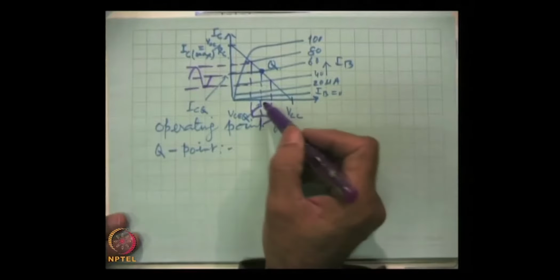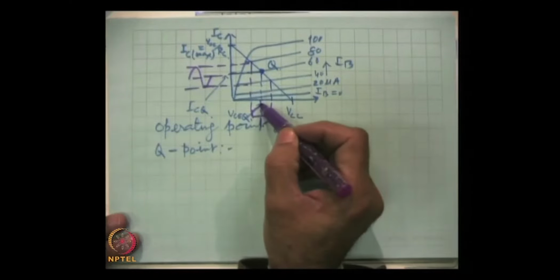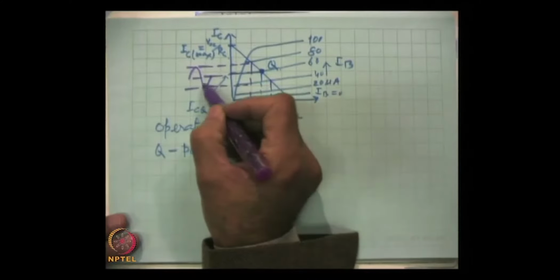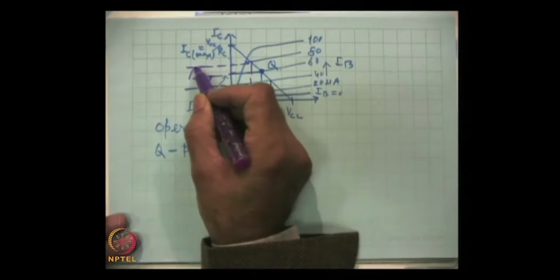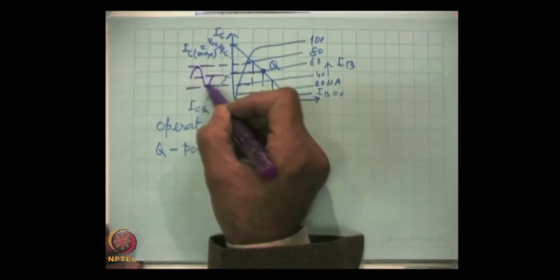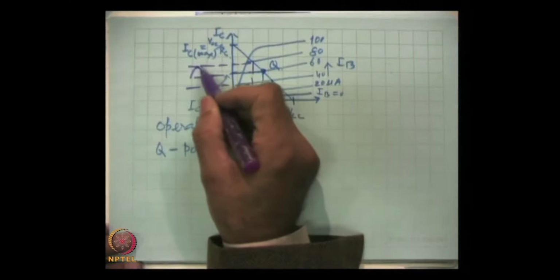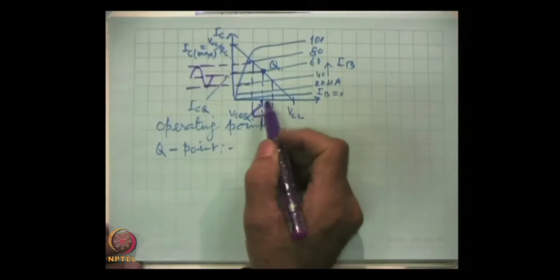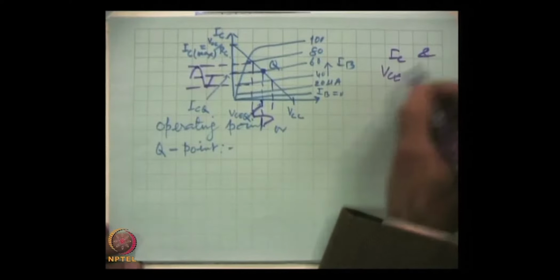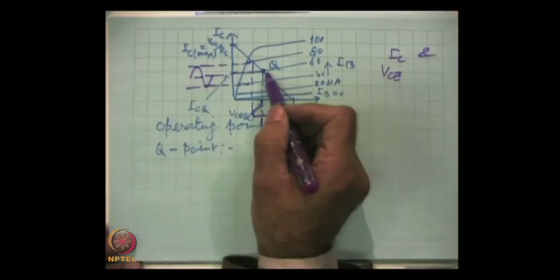From the ICQ value it will go lower and to the higher side, and similarly the lower part of the current will be here, this is ICQ, and then it will go to the higher side. So the collector current IC and the voltage VCE, they both will vary across the Q point.